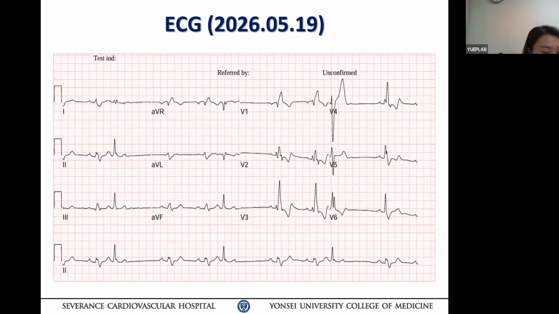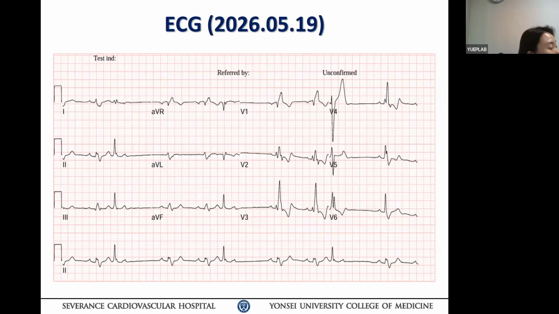So I think the most possible explanation could be a premature beat from the conduction system, and that could explain the narrow QRS, and it also blocked the antegrade conduction of the subsequent P wave.